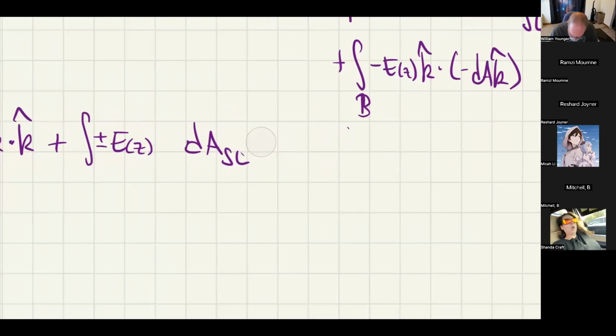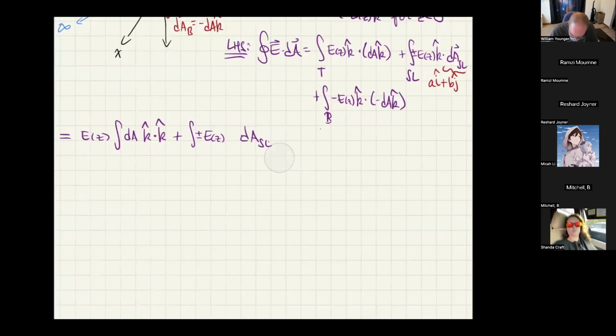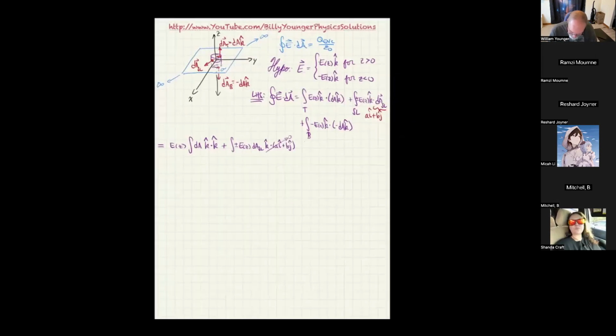So I'm going to say E of Z times dA soup label, but then I have the K hat from the plus or minus E of Z, and that's going to be dotted with A I hat plus B J hat, which you can see hopefully that this quantity is zero because K hat dot I hat is zero and K hat dot J hat is zero.